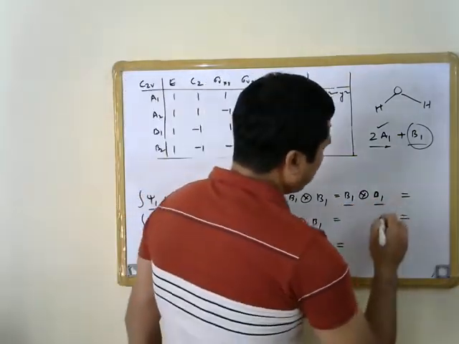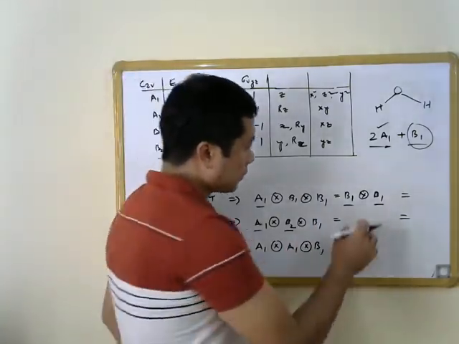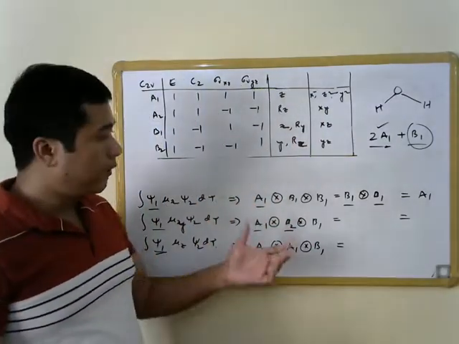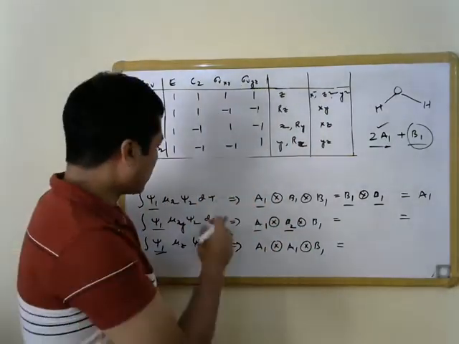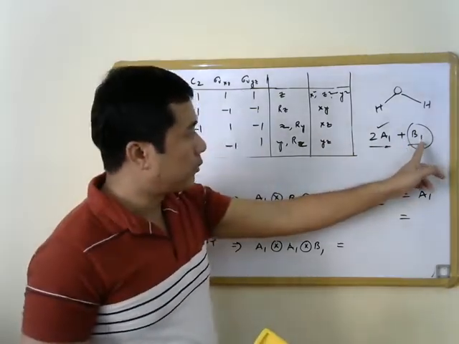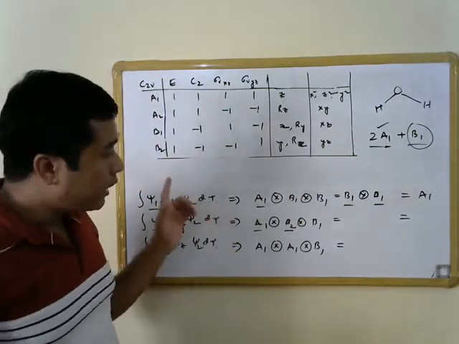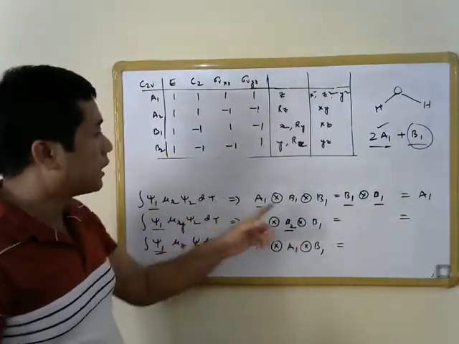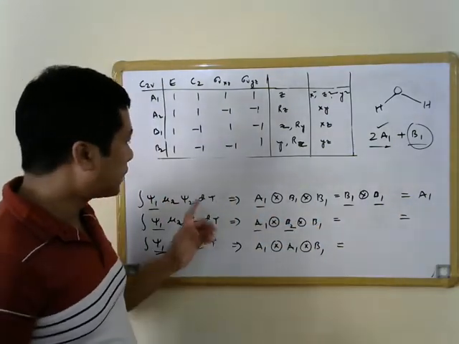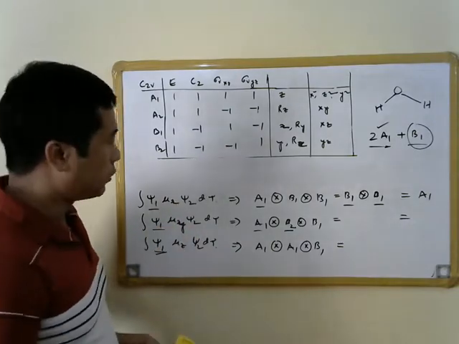So again we know when we multiply the irreducible representation with itself, and when it is one dimensional, the answer is always going to be the A1 irreducible representation. So we now have figured out that the vibrational mode of B1 symmetry is also going to be IR active because this integral forms basis for the most symmetric irreducible representation, and that is why this integral will have non-zero value.